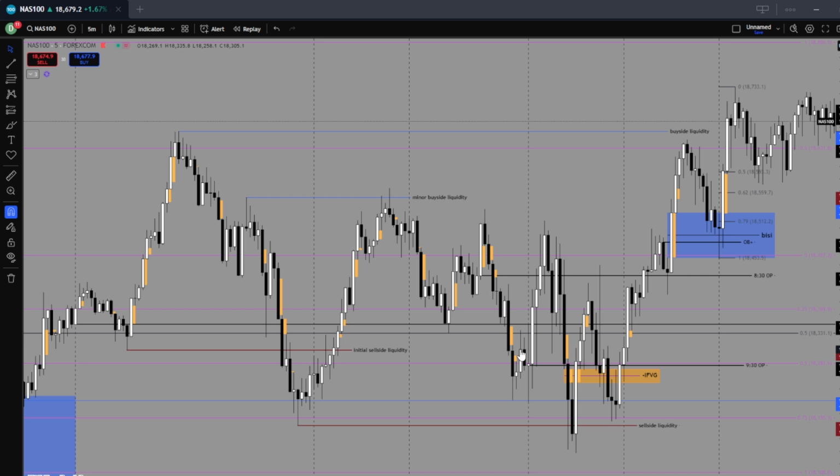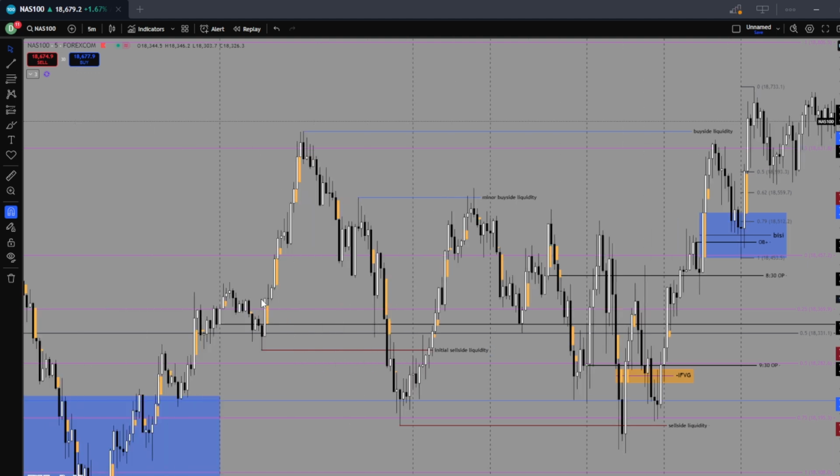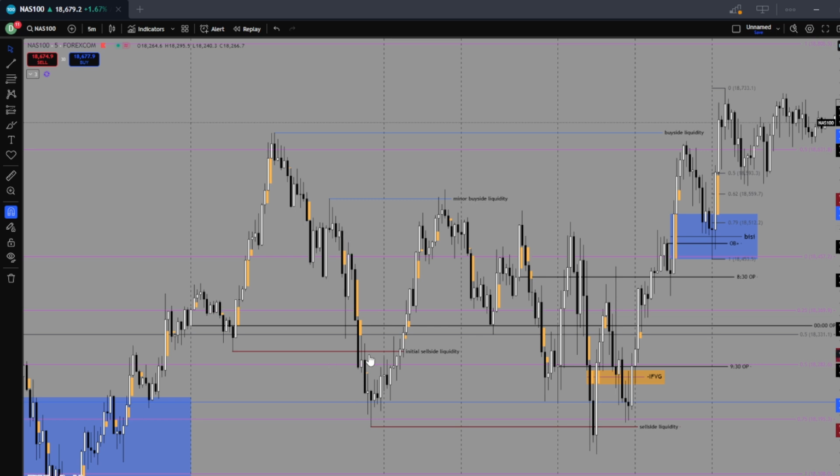Okay. So now price, as I told you, above the open is in premium, and below the open price it's in discount. So it went down, took out the sell stop, and price is in discount. And then it went higher into the premium and took out this minor buy side.